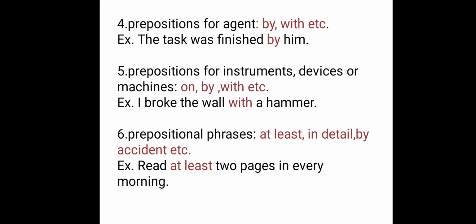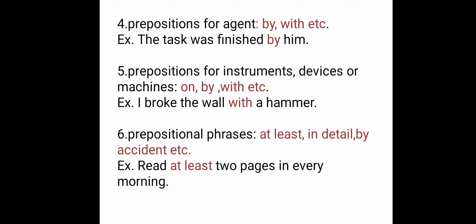Number 4, preposition for agent. These prepositions are used to express a causal relationship between the noun or doer and an action like by, with, etc. For example, the task was finished by him. Here, by is the agent.